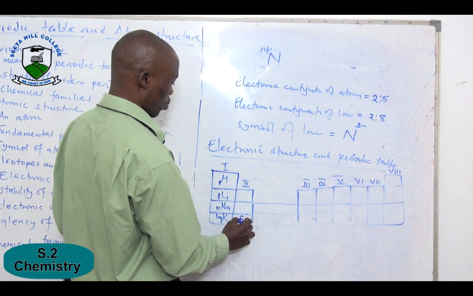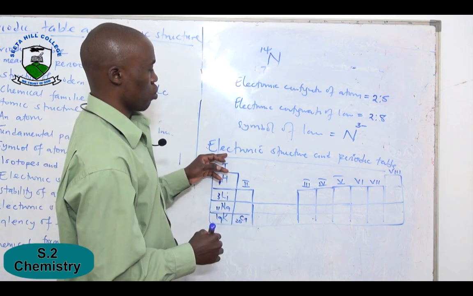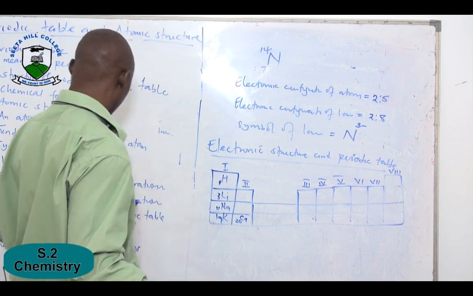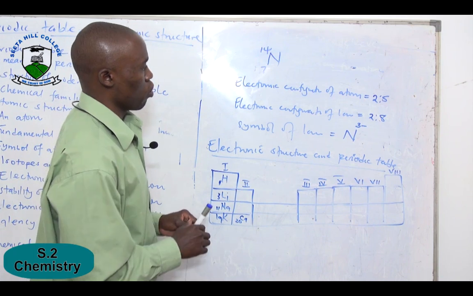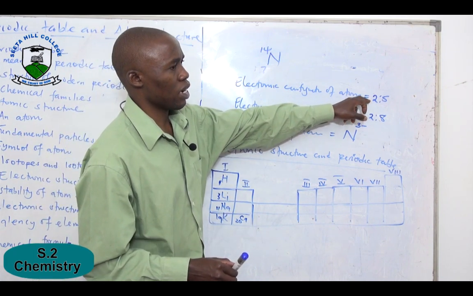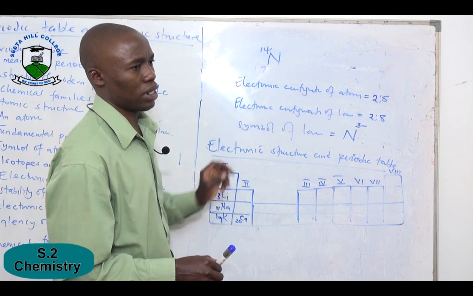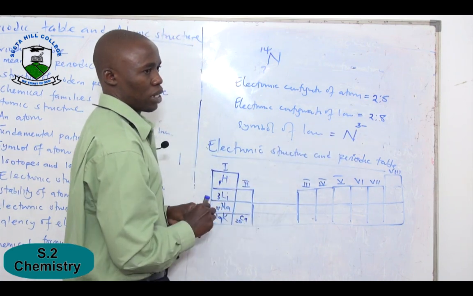We want to look at the electron structure and the periodic table. From a written configuration like this, can we place the element? Can you place the element?